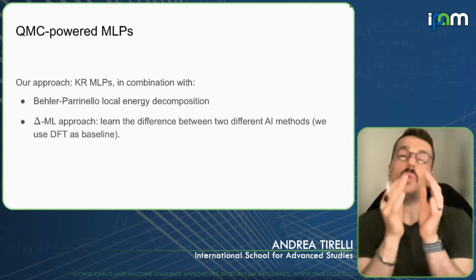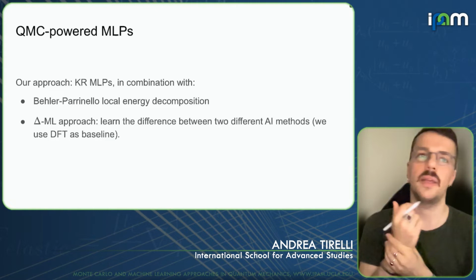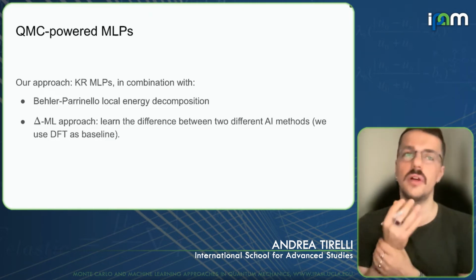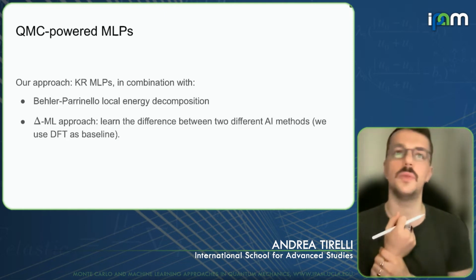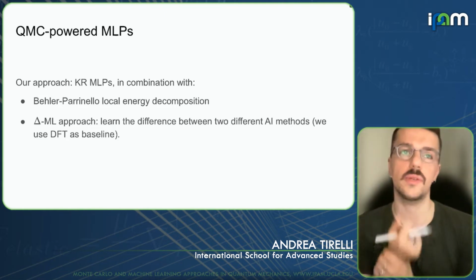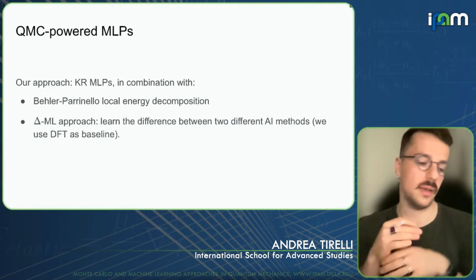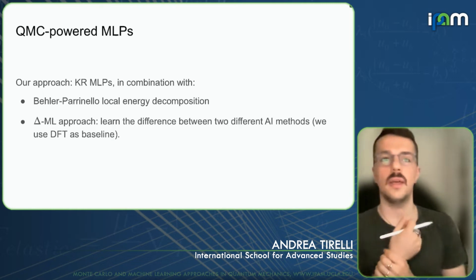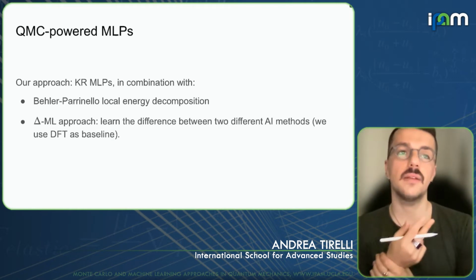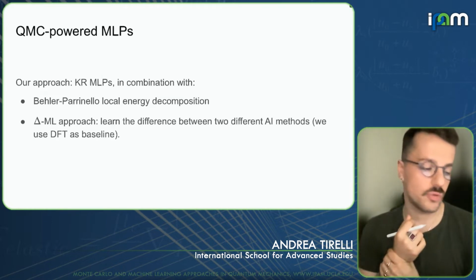We decided to use kernel regression for the reason that I just outlined, and we use kernel regression in combination with two fundamental approaches. The first is the Behler-Parrinello ansatz, which describes how we can decompose the energy of the system, and the second is the so-called delta machine learning approach.